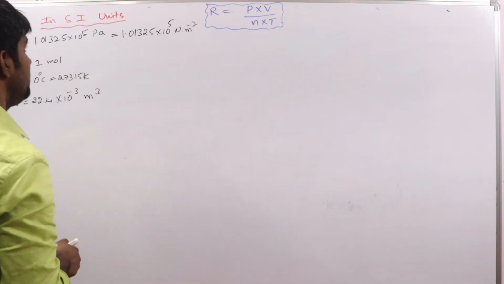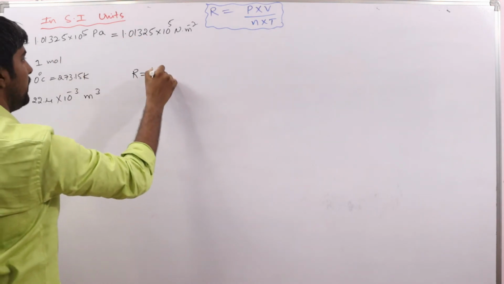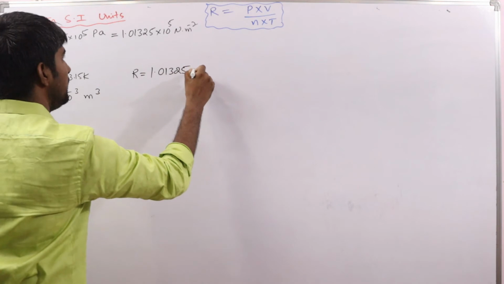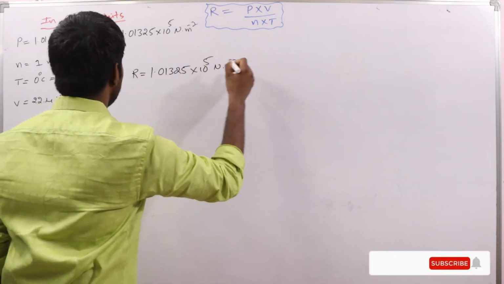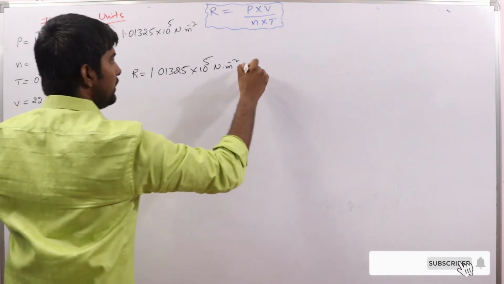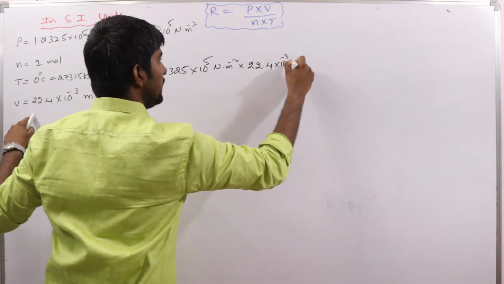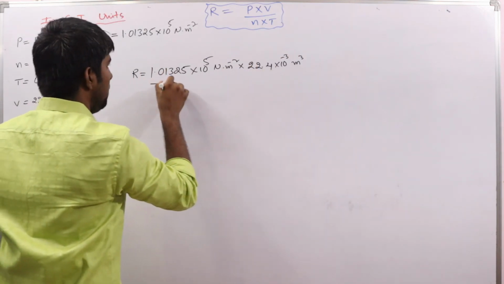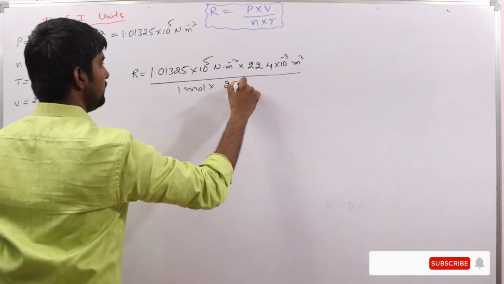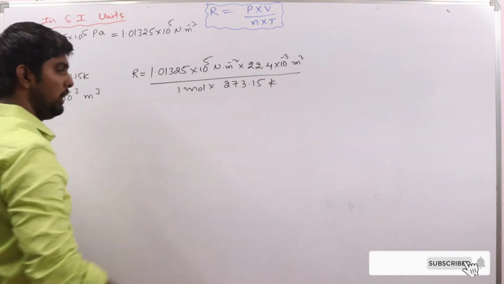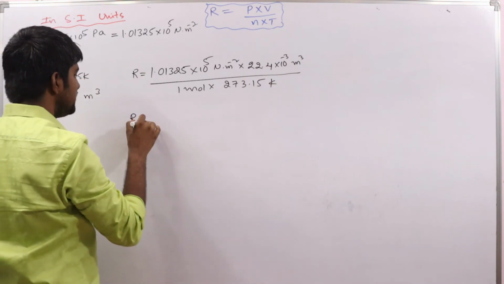So now if you substitute in this expression, R is equal to 1.01325 into 10 power 5 Newton meter power minus 2 into volume, 22.4 into 10 power minus 3 cubic meters, by 1 mole into 273.15 Kelvin.